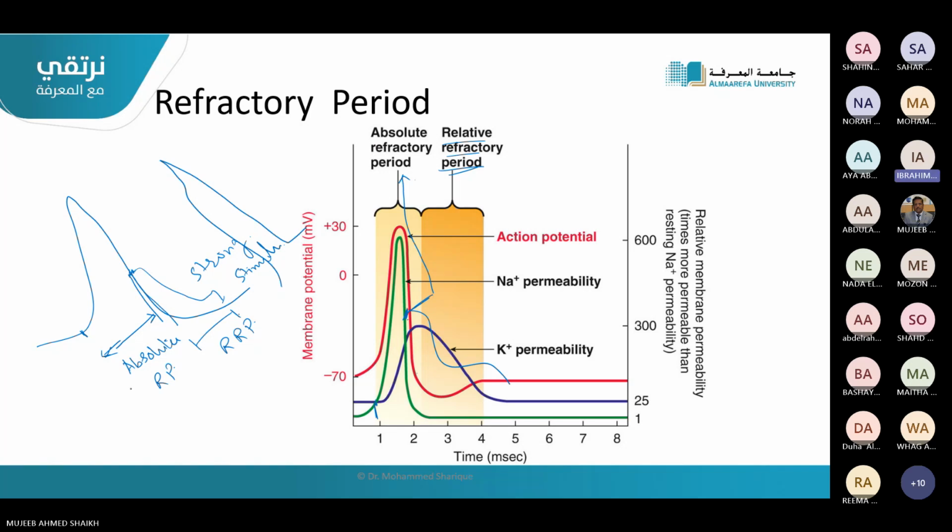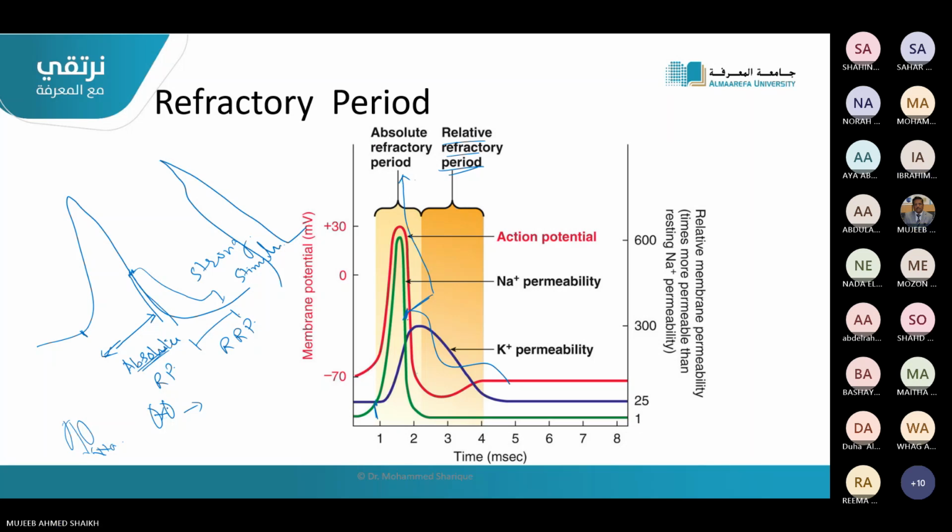Yes, only a strong stimulus produces an action potential. Good. Why does it happen? Because the sodium channels which open to let sodium ions move in cannot close and reopen again in the absolute refractory period. Once they close, they take some time to reopen.